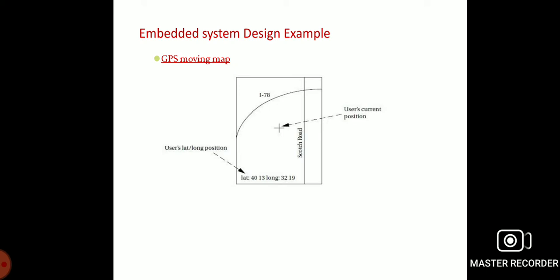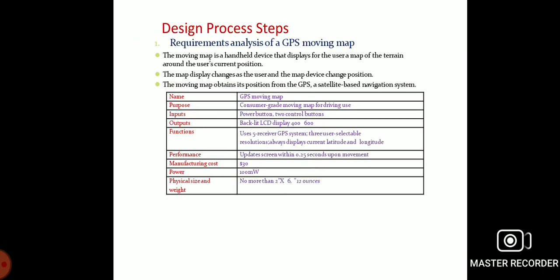Next, the embedded system design example, a GPS moving map system. Here is a vertical and horizontal plane of the GPS moving map system. What is the design process of the GPS moving map system? First is the requirements analysis of the GPS moving map.